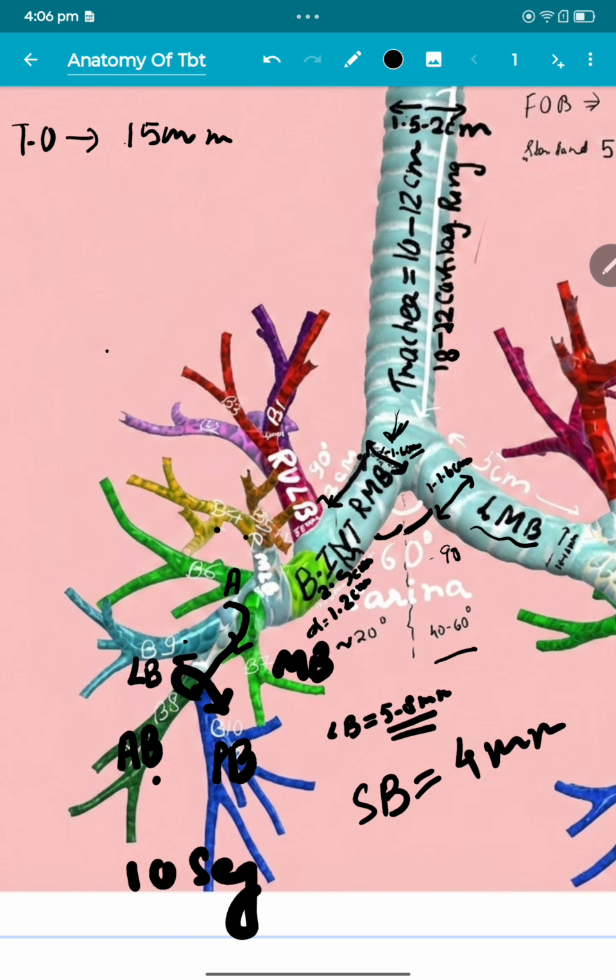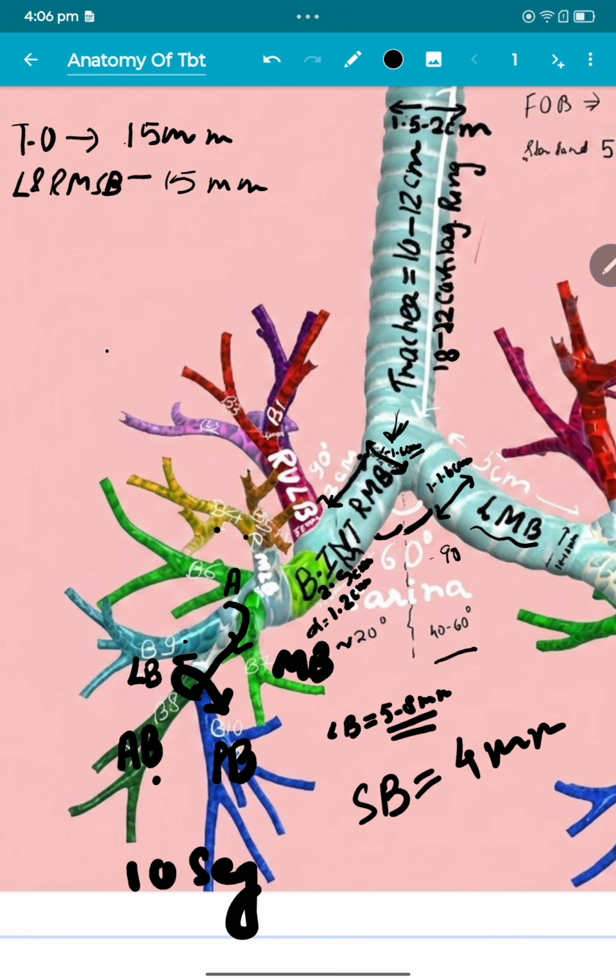Then you have the left and right main stem bronchus, with a diameter of approximately 1 to 1.5 centimeters, about 15 mm.